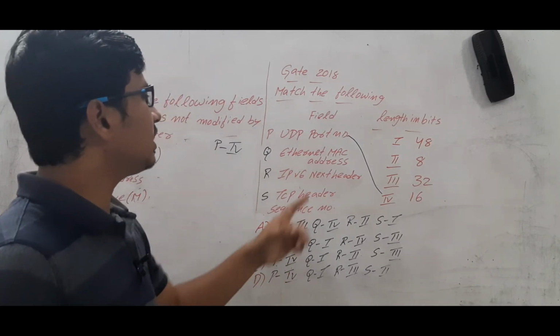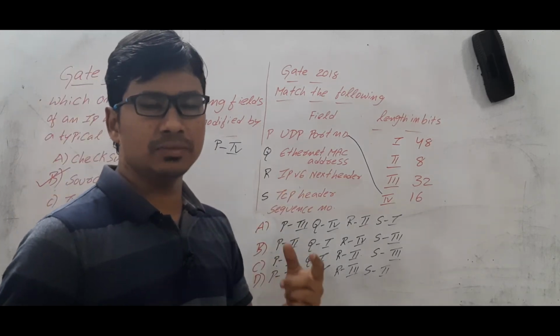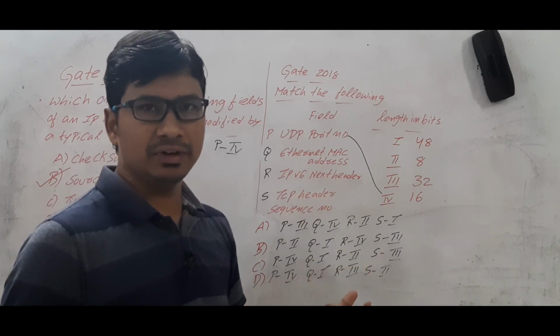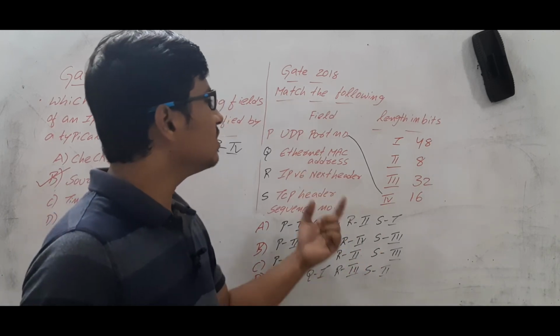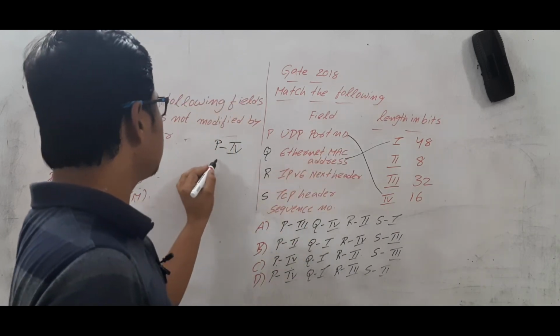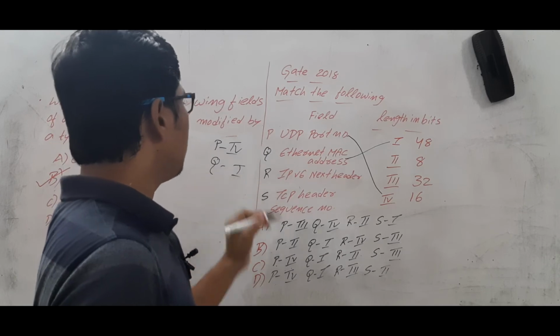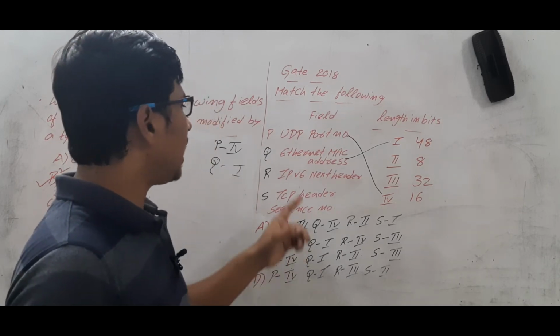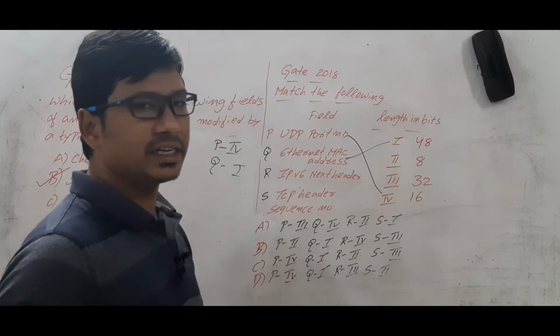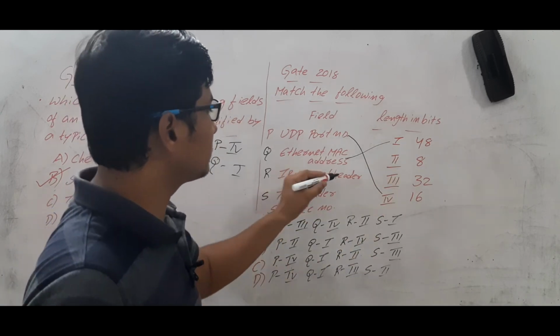Okay, now the Ethernet MAC address. The MAC address comes in the data link layer, which consists of the physical address. We also call it a MAC address, which is how many bits? 48 bits. So the matching for Q is 1. Are you able to understand it or not? In IPv6, the number of bits for the next header will be 8 bits.